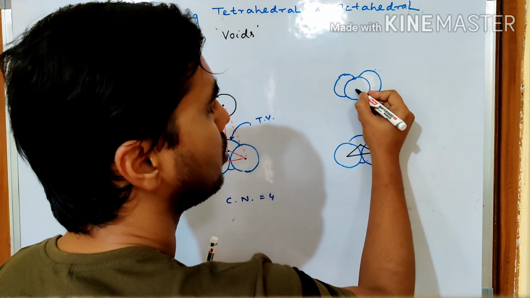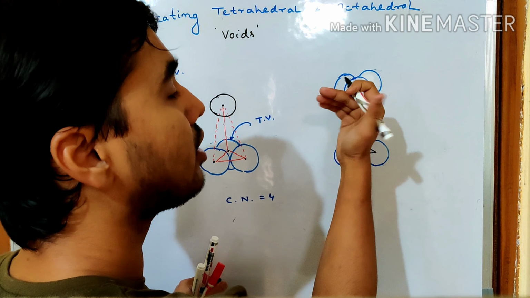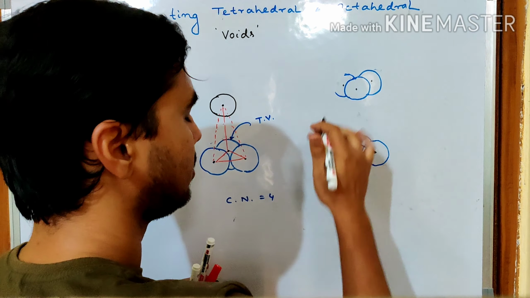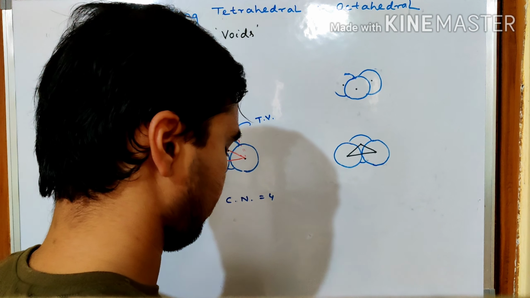Here also, this atom is towards us and 2 atoms are behind us. Just make it a little bit bigger.